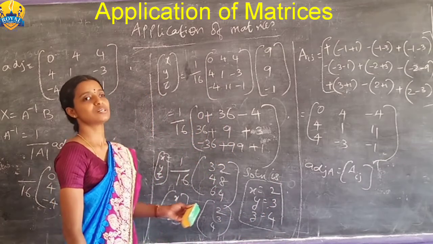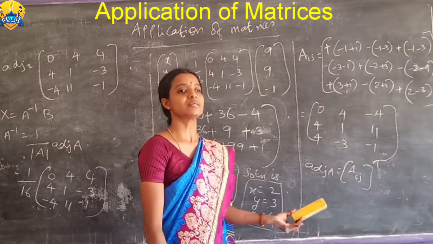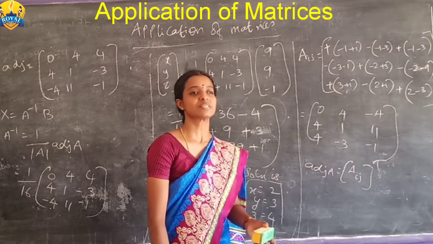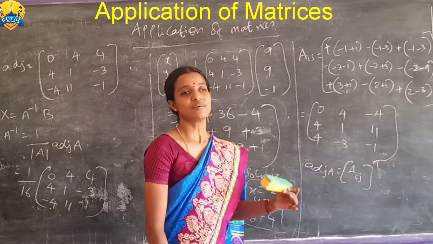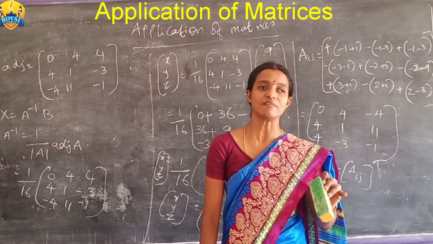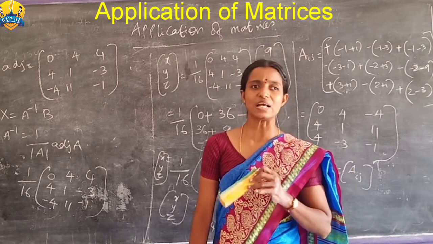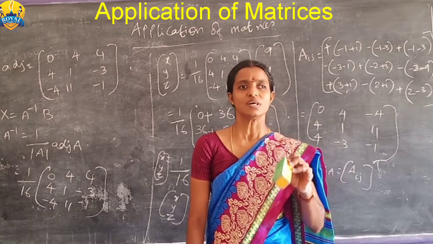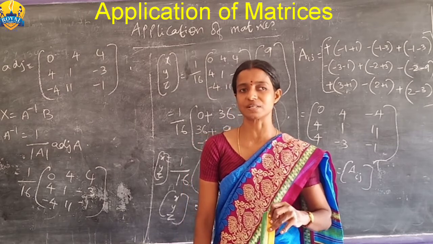This is my solution for a 3 cross 3 square matrix using the matrix inversion method for the given set of equations. We have seen nearly 3 problems of the same kind using the matrix inversion method.